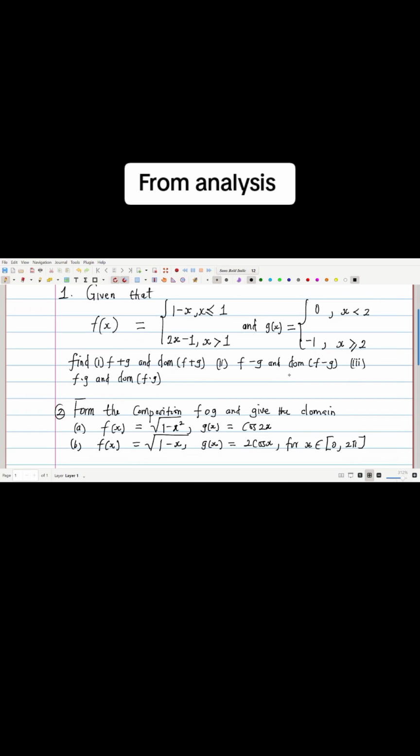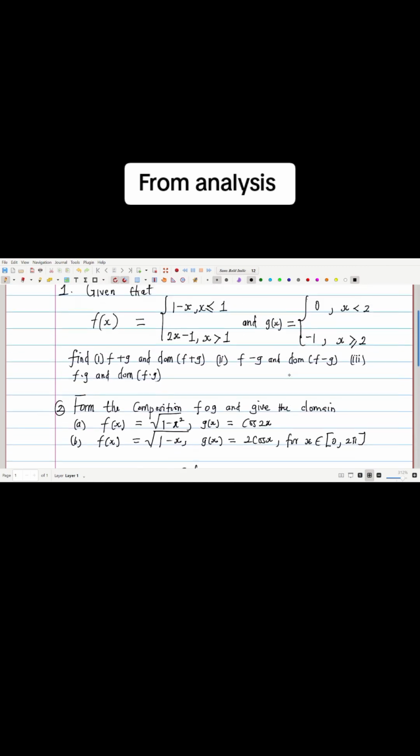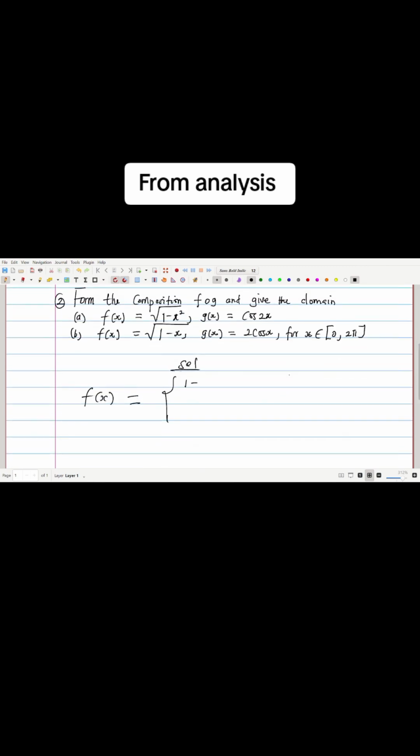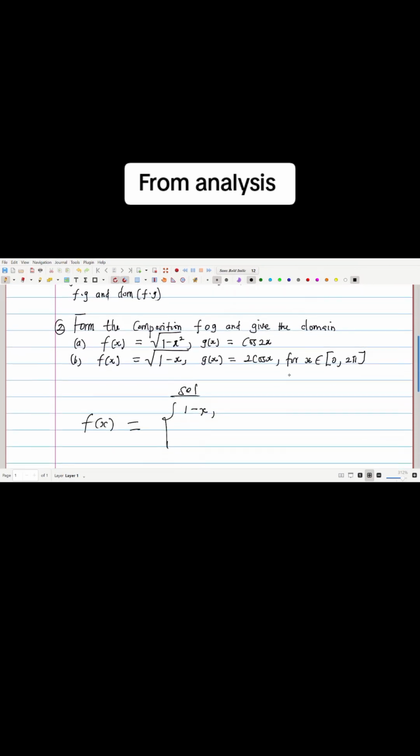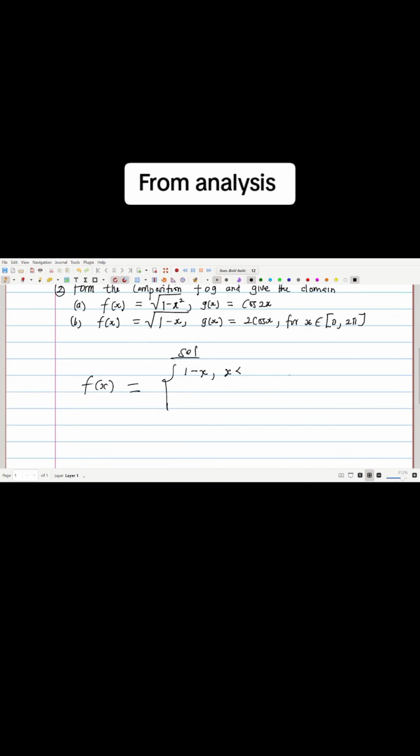First of all, we bring down our functions. Solution. We are given that f of x is equal to 1 minus x for x less than or equal to 1.